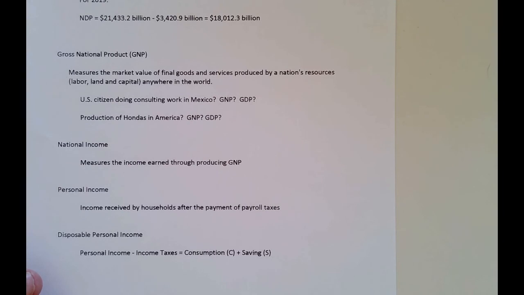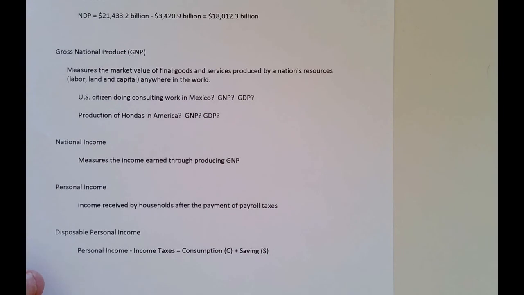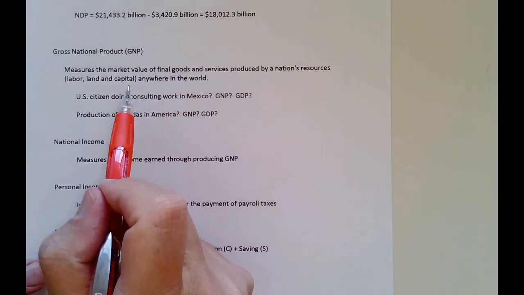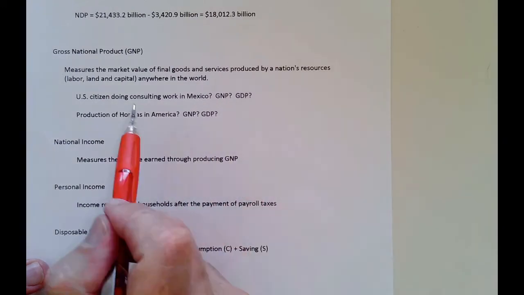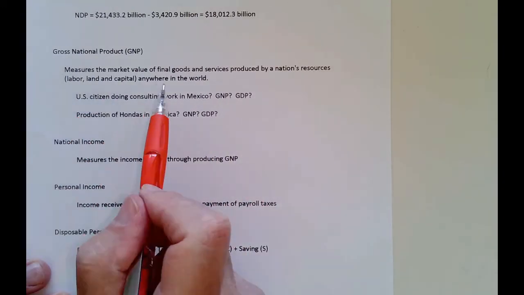It's not the one that we tend to compare with other nations. And that's because gross domestic product is probably a better measurement of what your economy is doing than gross national product. But gross national product measures the market value of final goods and services produced by a nation's resources, labor, land, and capital anywhere in the world, and that's the difference.